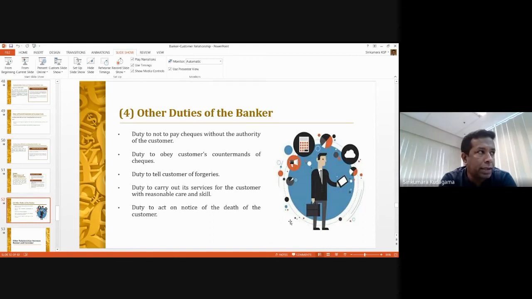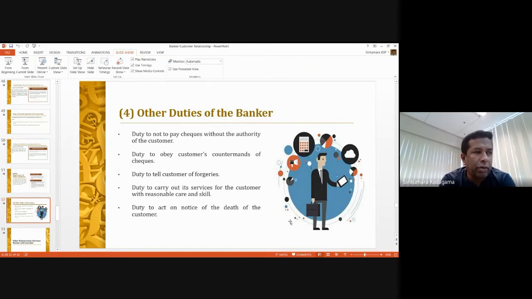Generally, all banks now consider, with developed banking practices, that it is important to keep the regulator informed. I know there are a lot of circumstances where even certain forgeries took place in certain financial institutions.